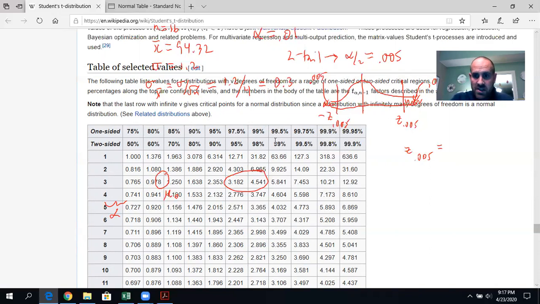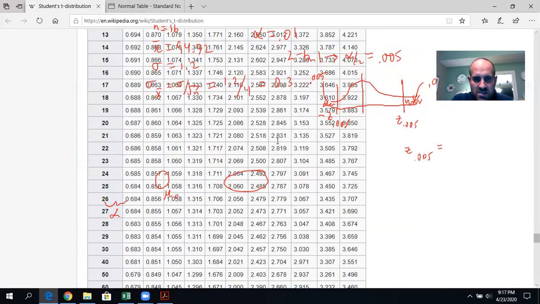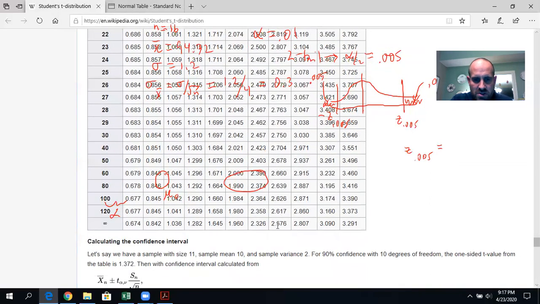And that's the same thing that I want. 99.5 to the left. If I reflect this over, I would have 0.5 percentage point in each tail, which would be 99% in between those two. So what's the z value that corresponds to that? Well, it's right here. It's 2.576.